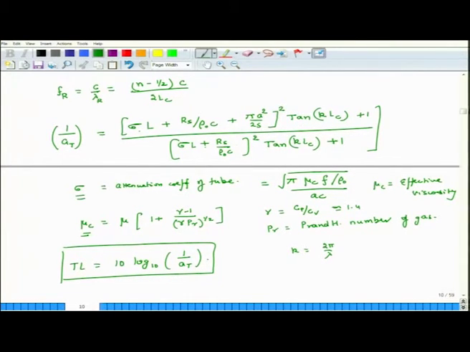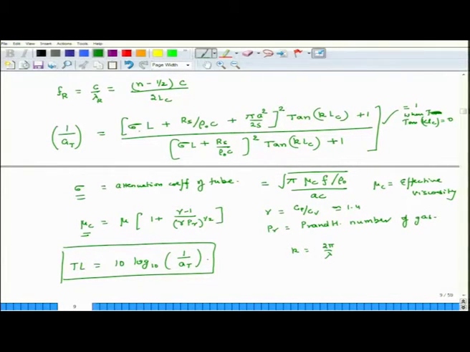So, this entire thing in the numerator will be 0 except 1, and also in the denominator you will have only 1. So, this thing will be equal to 1 when tan KLC equals 0. Okay.